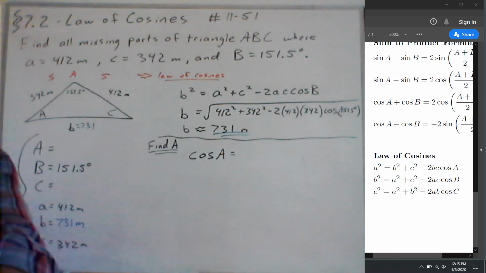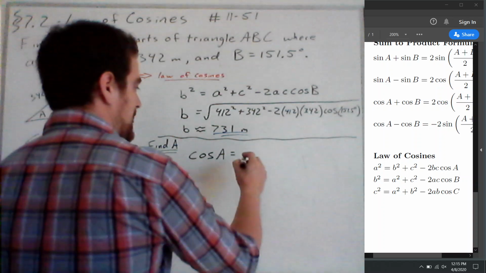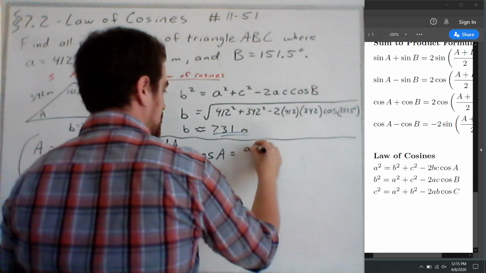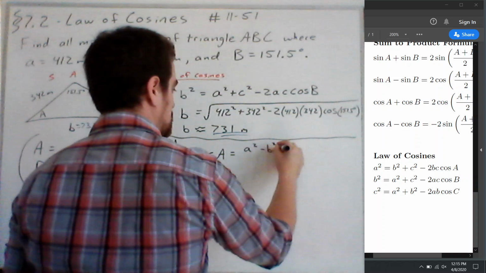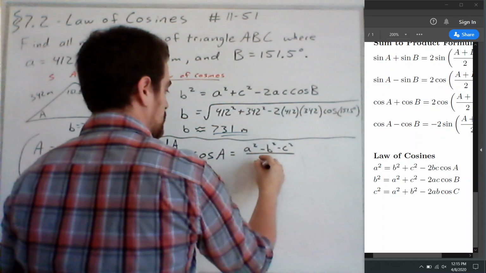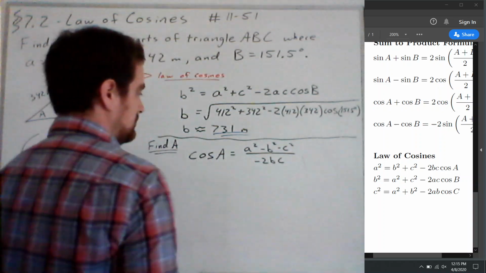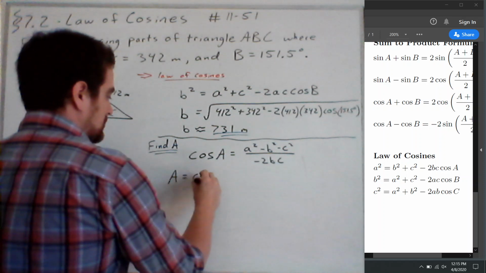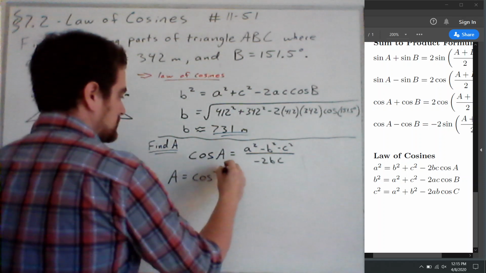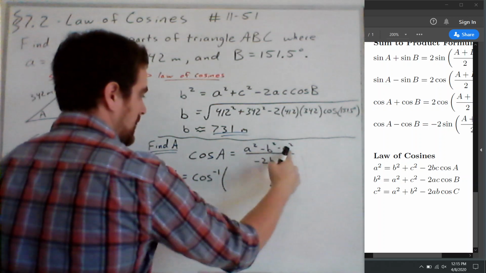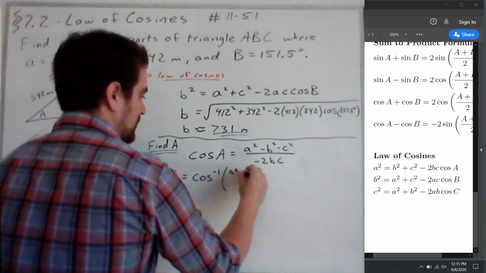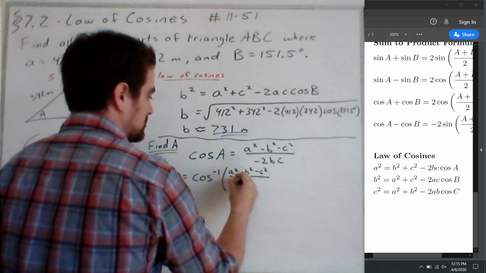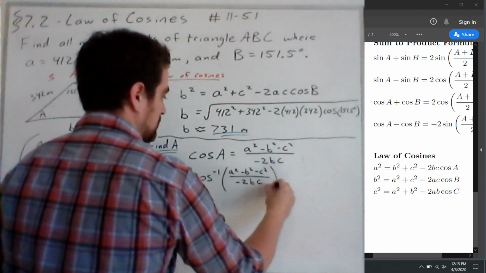The first one that we have there, if we solve it for A, we would get cosine of A is a squared minus b squared minus c squared over negative 2bc. Which means if I want to find A, it's going to be cosine inverse of this entire a squared minus b squared minus c squared over negative 2bc.